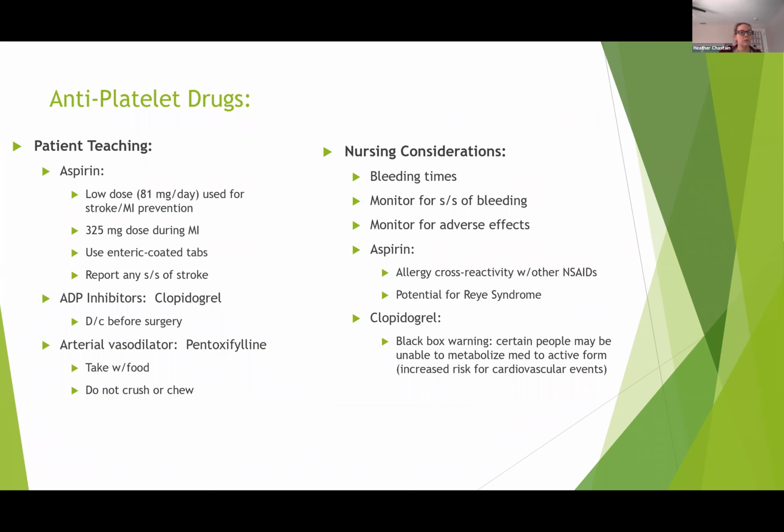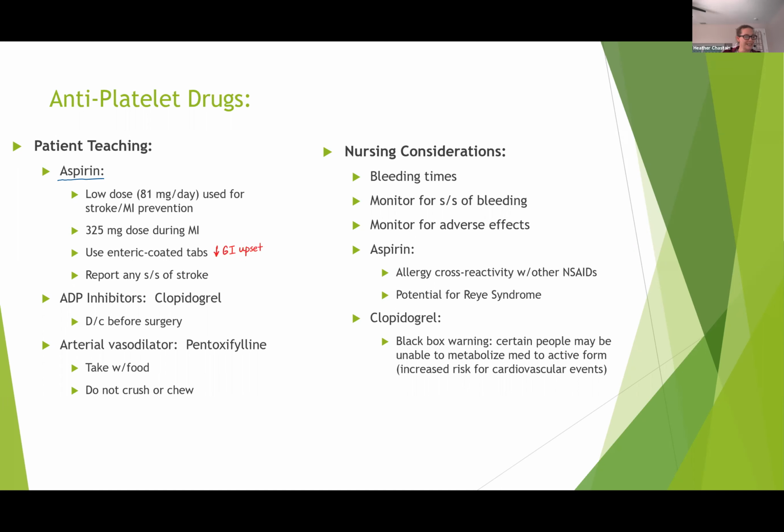All right, so patient teaching. What are we going to teach them about aspirin? They're going to take a low dose, which is 81 milligrams per day for stroke or MI prevention. Now, if they think they're having an MI, they need to take 325 milligrams of aspirin. They should always use enteric-coated tabs because that's going to help decrease the GI upset.